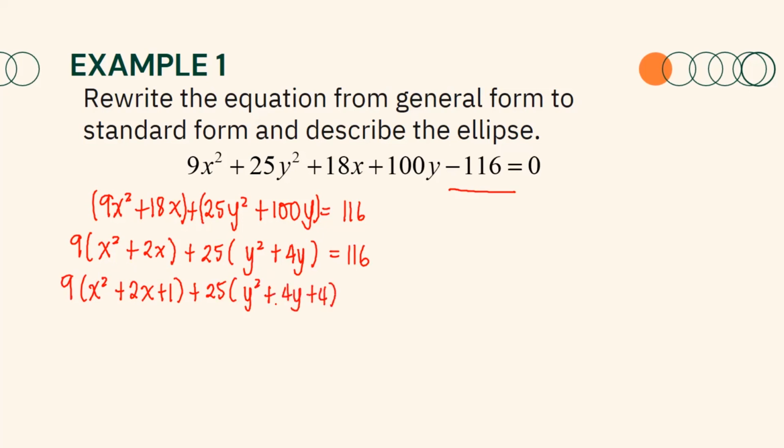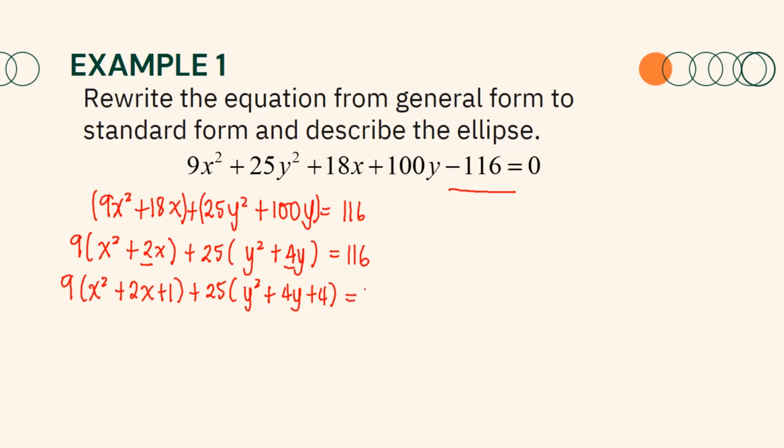Recall that in completing the square, we need to divide this number by 2 and square the answer. So 2 divided by 2 is equal to 1. Times 1 is 1. Here, we need to take 4 divided by 2, which equals 2. Times 2 itself, 2 times 2 equals 4.